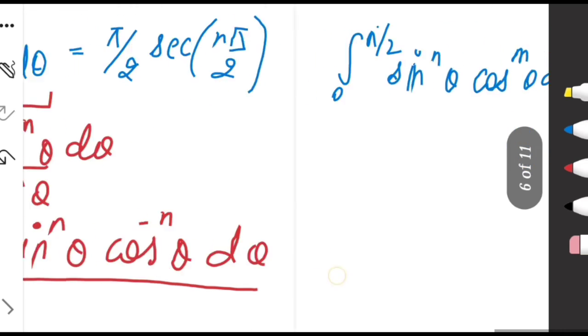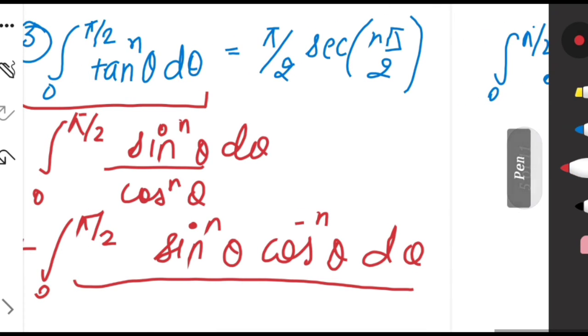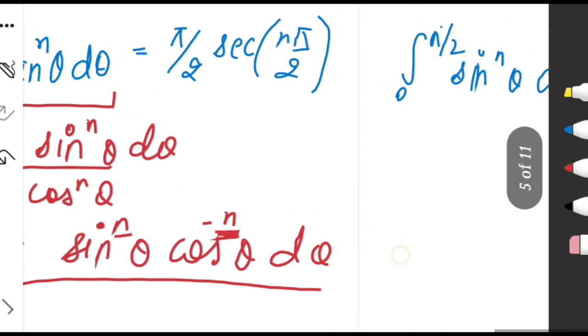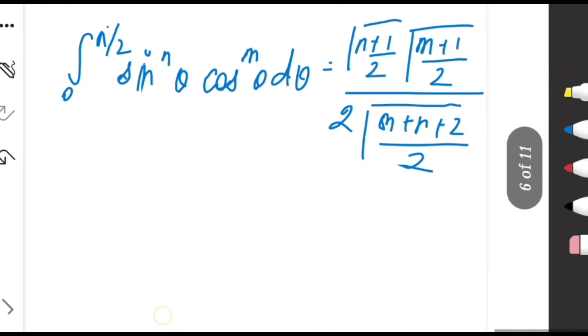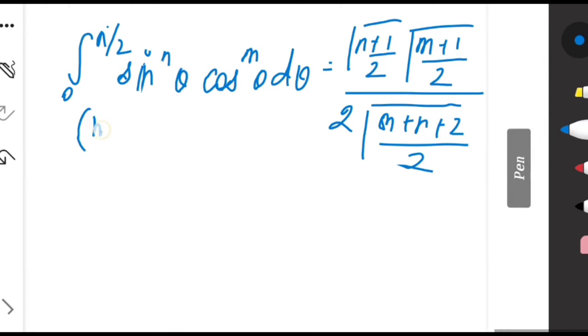By comparing, you can see that n is equal to n but m is equal to minus n, so we can use this formula, and instead of m we will put minus n.